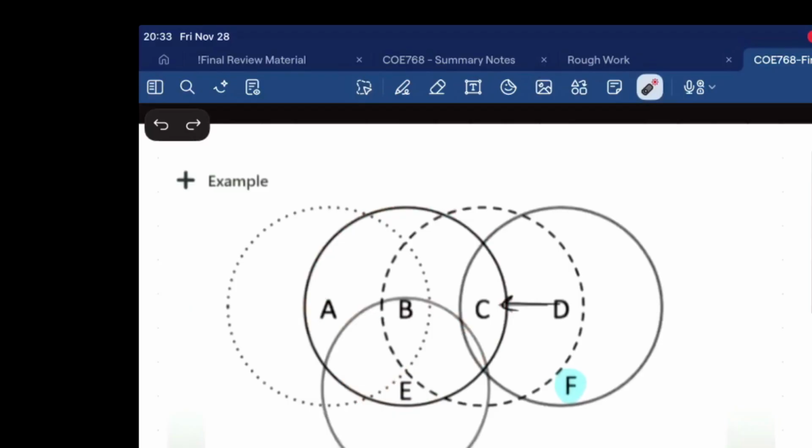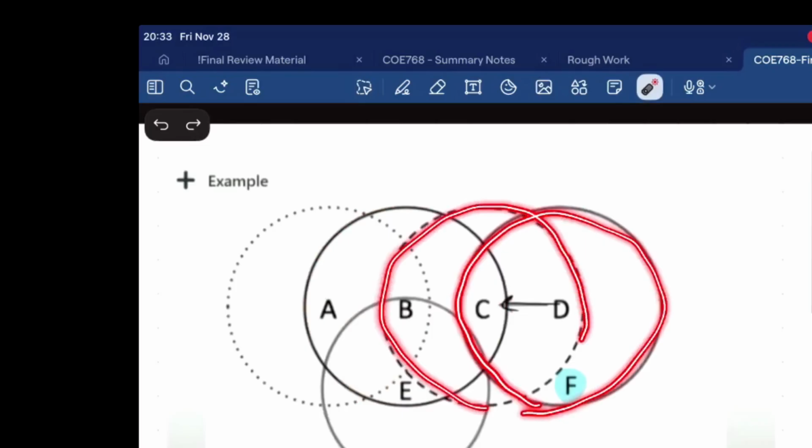But if you are looking at this transmission between D and C, for example, there could be interference from E transmitting, or from B transmitting.